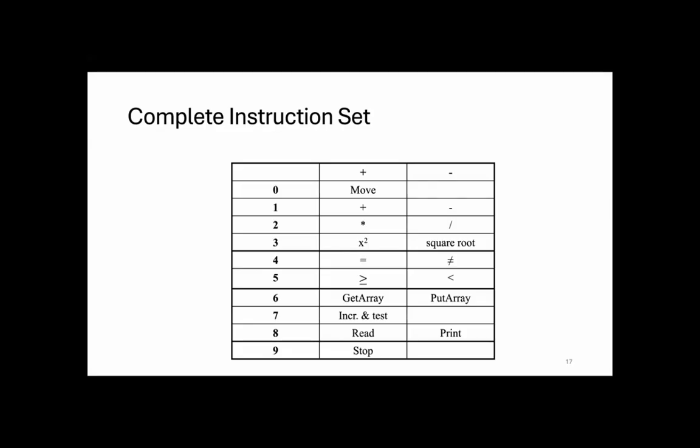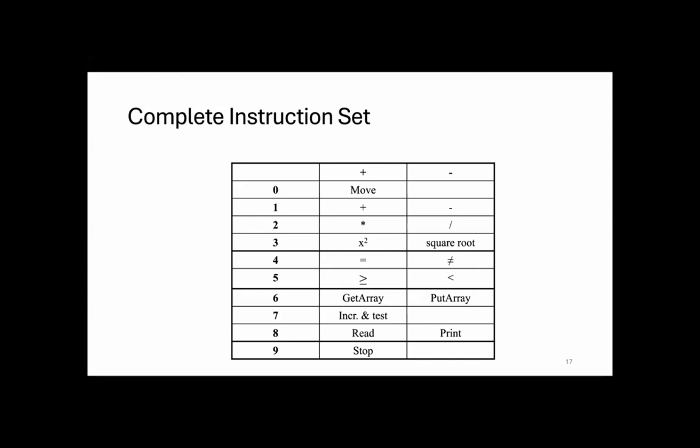And from that, we finally have our complete instruction set. You're going to find that for some operations here, there is no orthogonal operation that we added. For example, number 7 for the looping: we just used +7 to increment and test. We didn't use anything for -7 because there is no orthogonal operation on top of it that makes sense to add here.